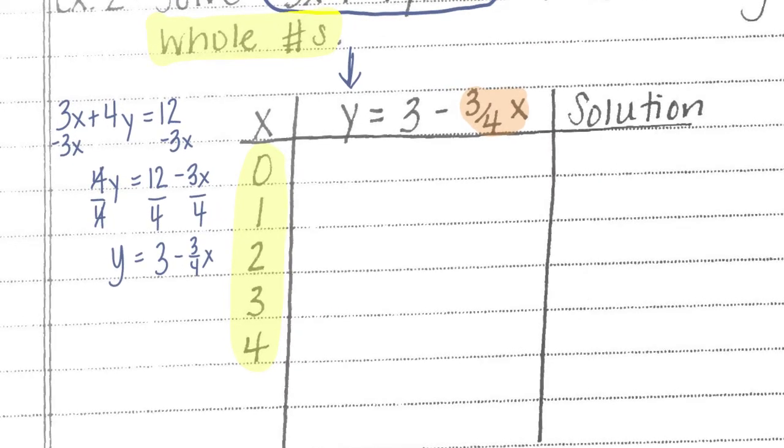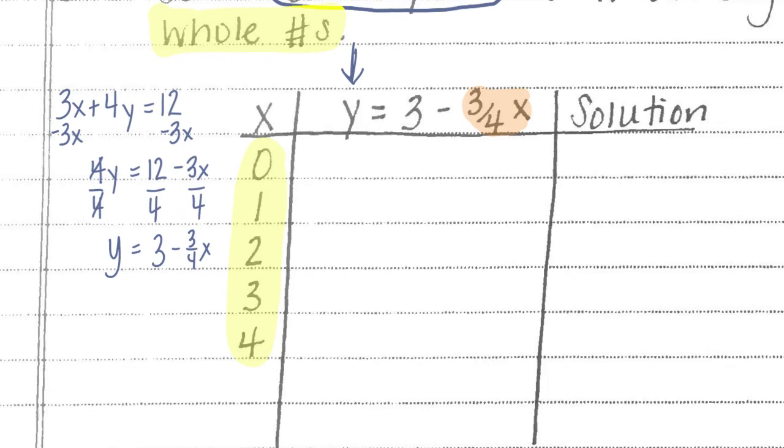How do I know that? Because I know that that 4 has to divide in evenly to this x. So right here, this 4 has to divide in evenly. So 0 will actually work. y equals 3 minus, well, anything times 0 is 0, right? So y equals 3, and my solution is 0, 3. 1, 2, and 3 will not work.